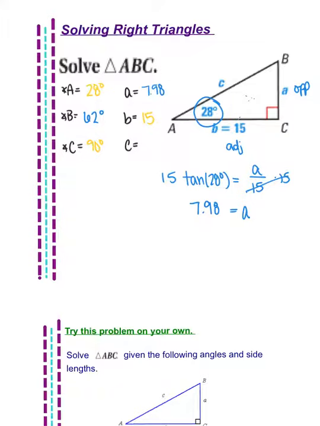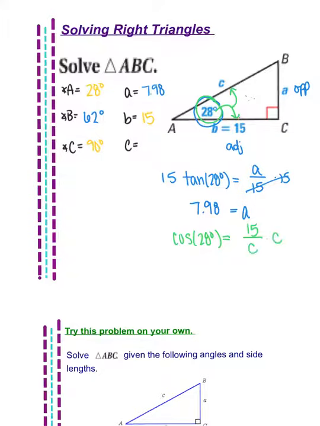And now let's solve for c. I've got the adjacent side, and I want the hypotenuse. So I'm going to have to use cosine. Cosine of 28 degrees is equal to 15 over c.